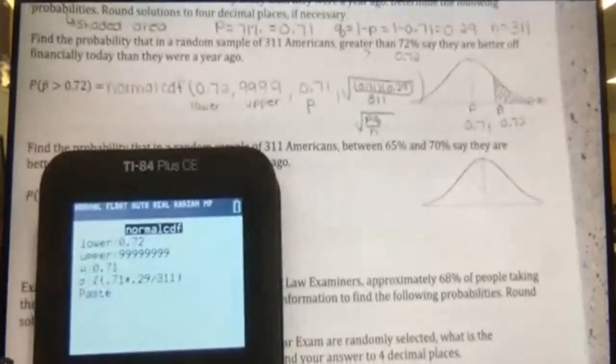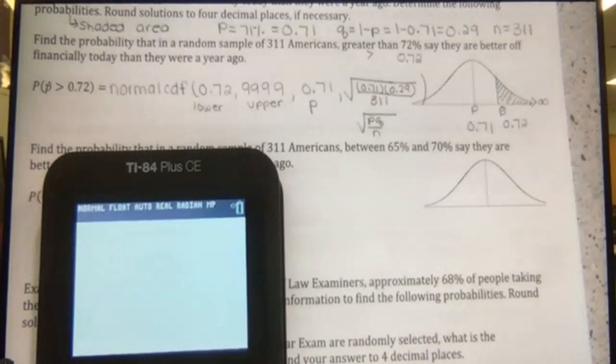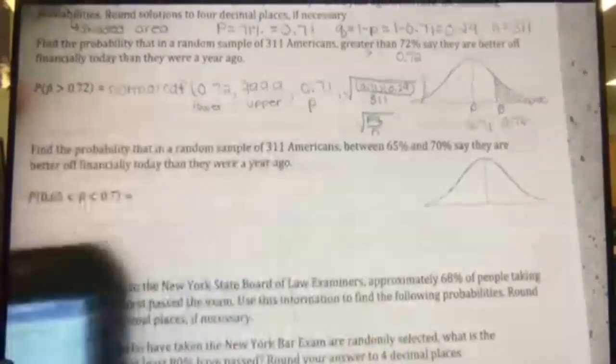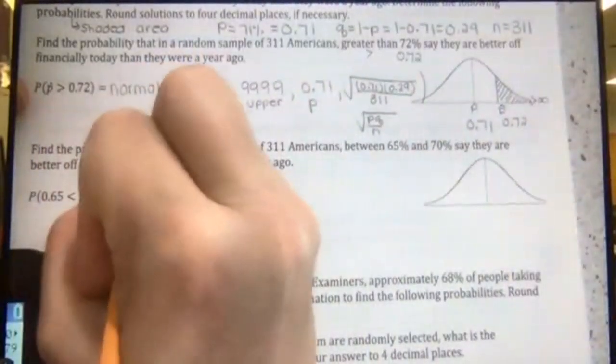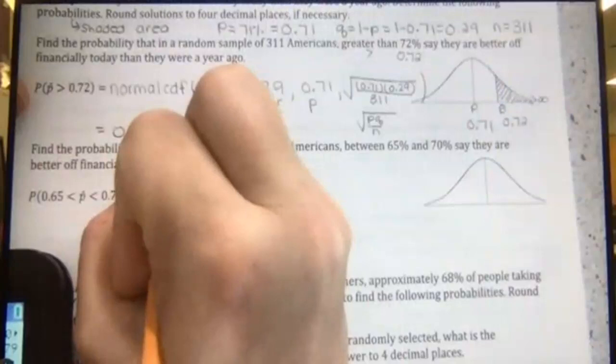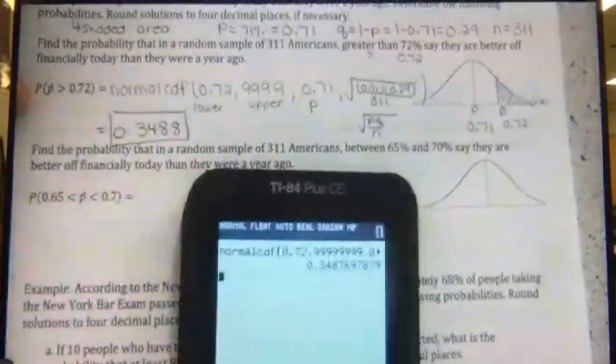Pressing paste, it should all look the same how we have it written. Pressing enter is our answer. Boom. Rounding to 4 decimal places, we get 0.34876. So it's going to round up to 0.3488.